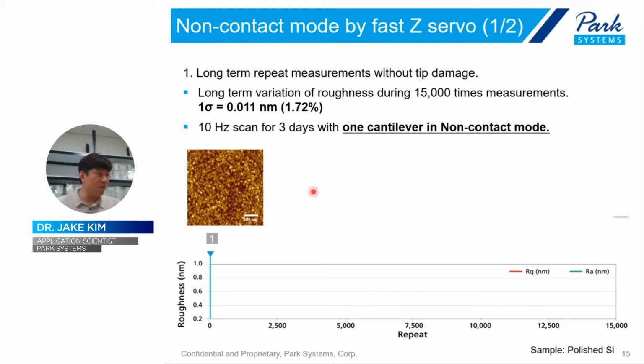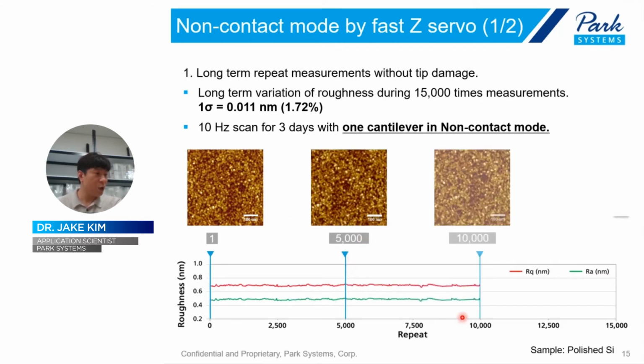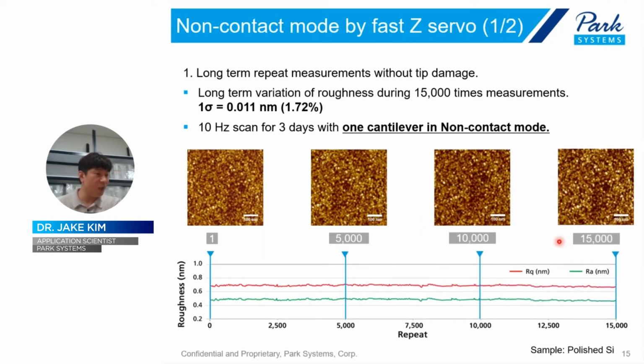And as shown in these figures, from the first image to the 5,000th image, to the 10,000th image, and finally the 15,000th image, there is just a constant roughness value. We can confirm a very constant roughness value, and also from these images, almost the same, nothing changed.